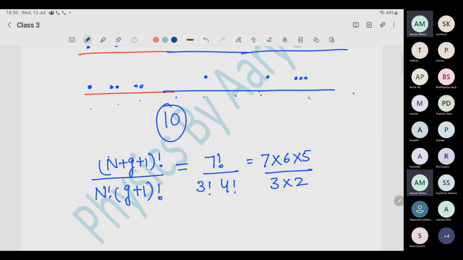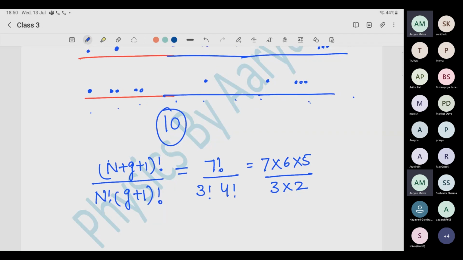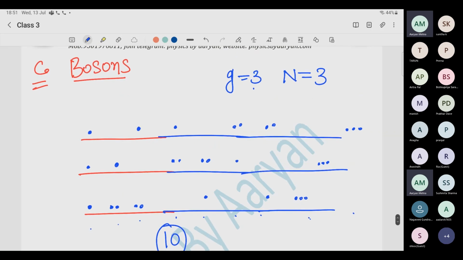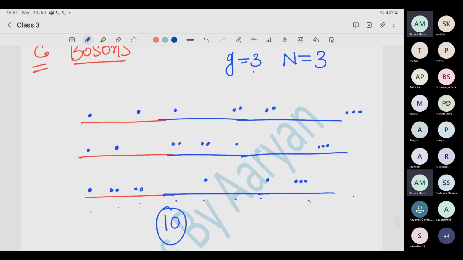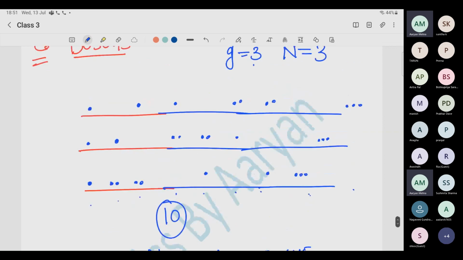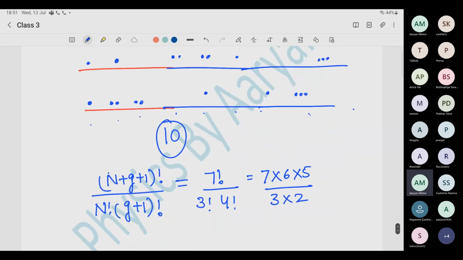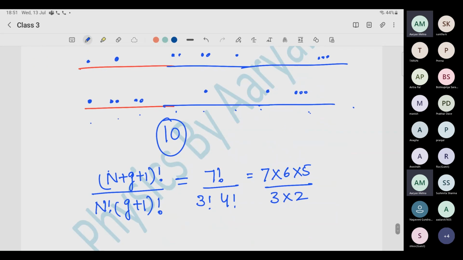Again, there is something wrong. Let me just check the formula very quickly. 3 plus 3 is 6, plus 1, 7 factorial, 7, 6, 5. N is 3 and g plus 1 is 4 factorial. So 7, 6, 5 and 3 into 2. The answer which is actually coming is 35.